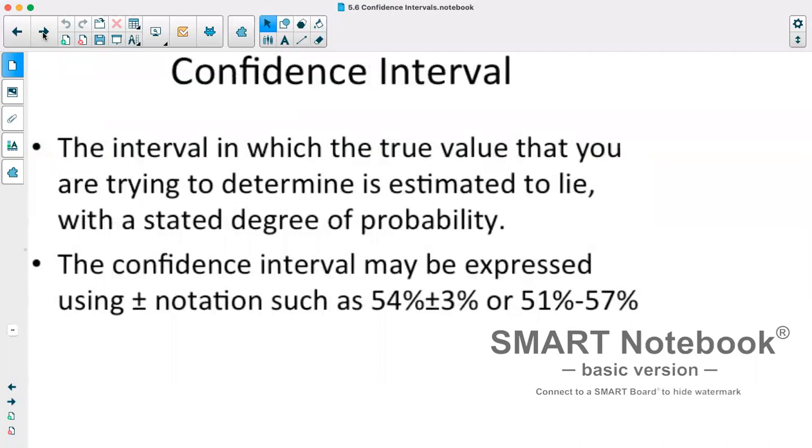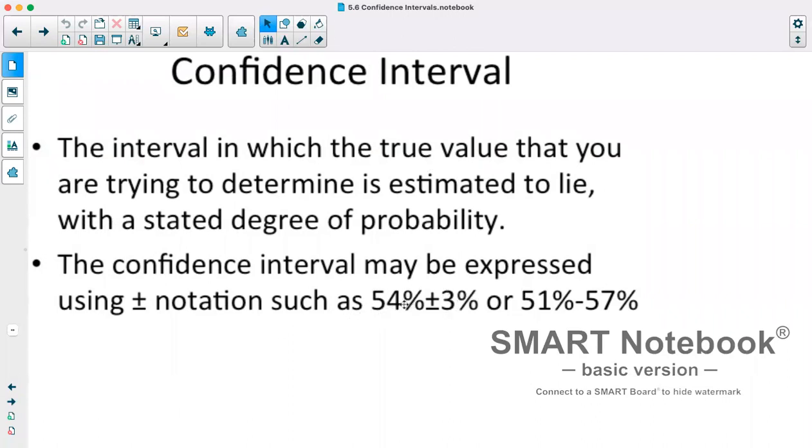Now, a confidence interval is simply when we take our margin of error and apply it. It is the interval in which the true value that you are trying to determine is estimated to lie with a stated degree of probability. Our confidence interval may be expressed using plus or minus notation, such as 54% plus or minus 3%.